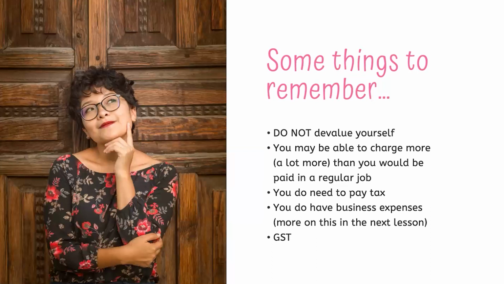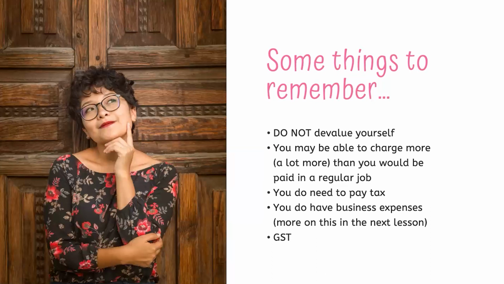The other thing, as I've mentioned in previous lessons too, is you do need to pay tax. So make sure that whatever you are charging, you've made allowances so that your expenses like tax are covered, because you don't want to undercharge and then realize that actually tax still has to come off that, and then what you get in your hand at the end of the day is less.